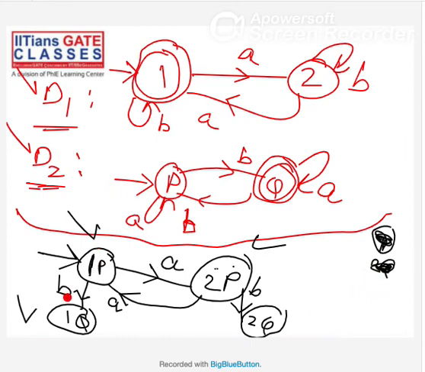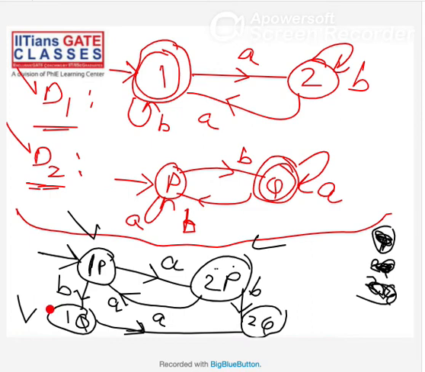You can check it out. From 1q, where will you go on symbol A? This 1 will go to 2, and this q will go to q. So basically you will go to 2q. From this 1q on A, you will go to 2q. So this is how you will make it.